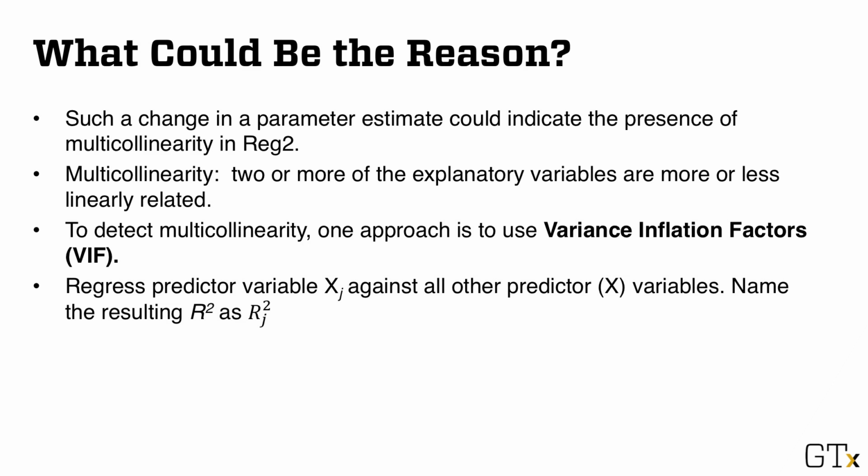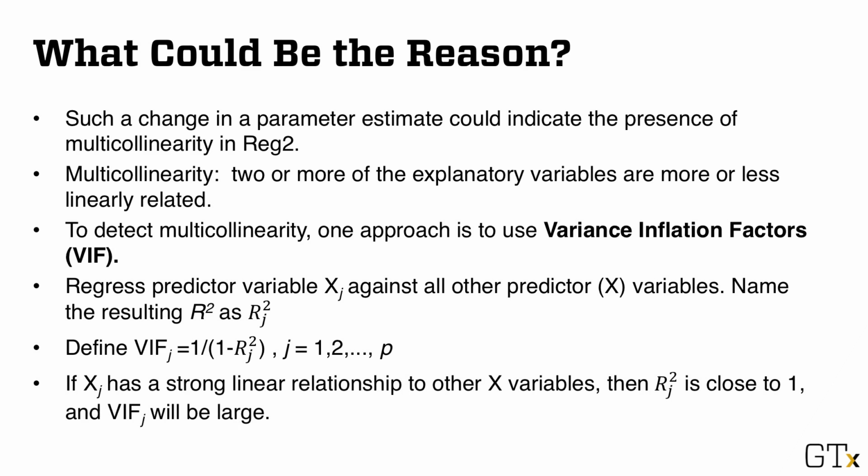So, how do you get to VIFs? What you do is regress a predictor variable xj against all other predictor variables and name the resulting r squared as rj squared, and then define VIF for that j as 1 over 1 minus rj squared, and you do this for each one of the predictor variables.